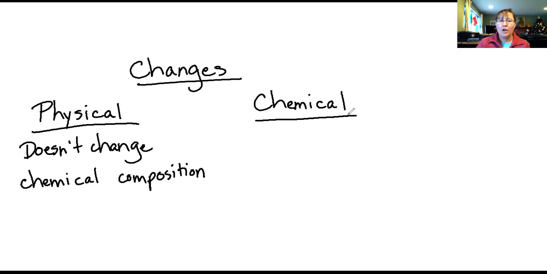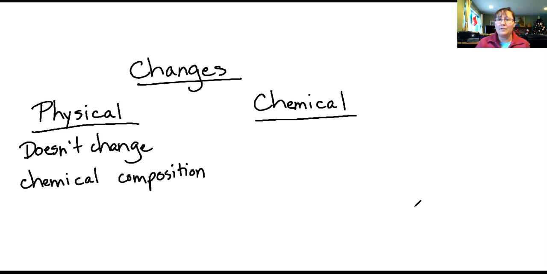So for example, here we were cutting fabric, but let's say that we burn that fabric, okay? And whenever we're burning something, it mixes with oxygen. So whenever we're burning something, that's always going to be a chemical change. It changes what we have. So you could imagine that you're having a campfire outside and you're burning wood. Well, so cutting the wood into pieces is a physical change, but burning the wood in your campfire is a chemical change.